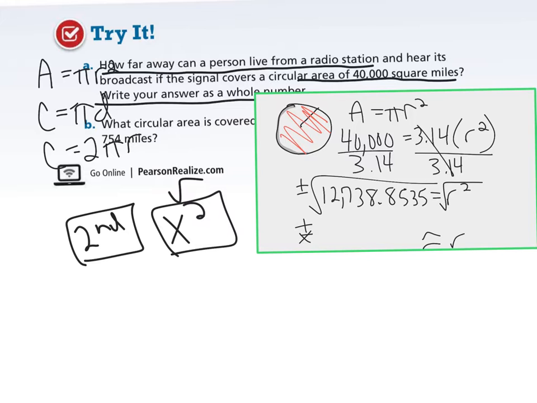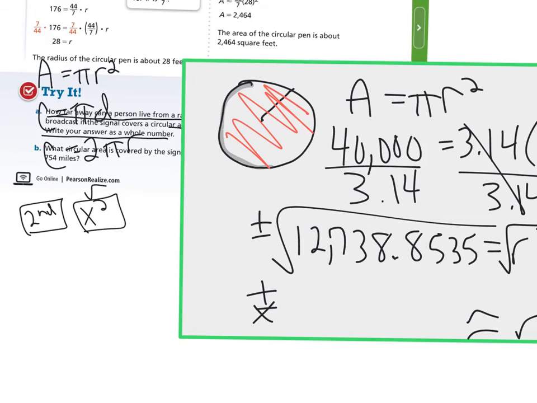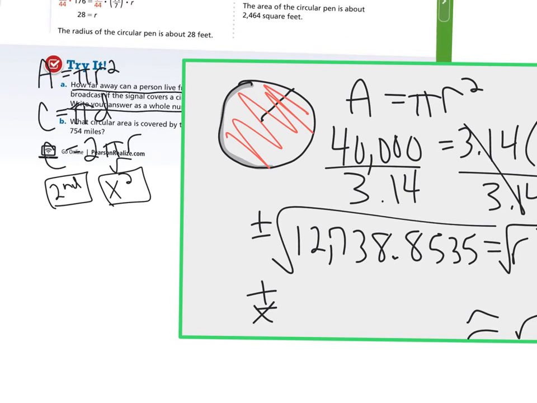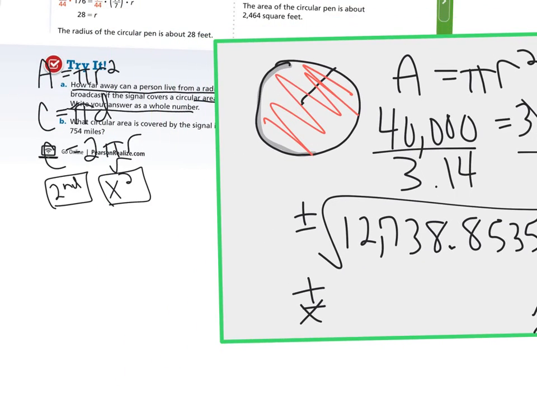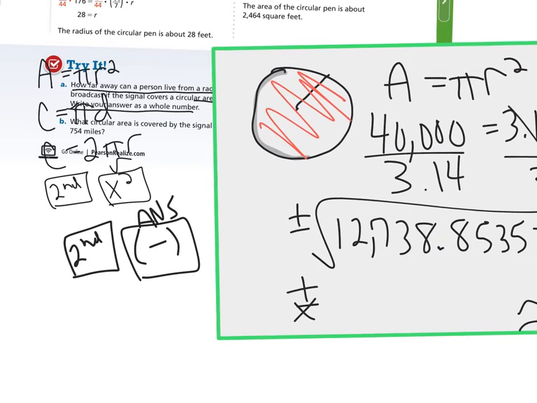So if you had that long answer on your calculator, you hit second and then square root, and then you could hit second and the negative button, and that'll say ANS, which stands for answer, which means it's going to take the square root of the last answer that you had.